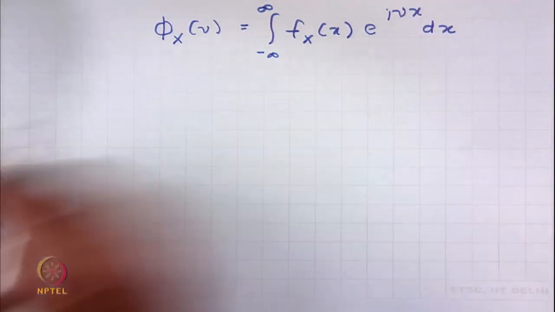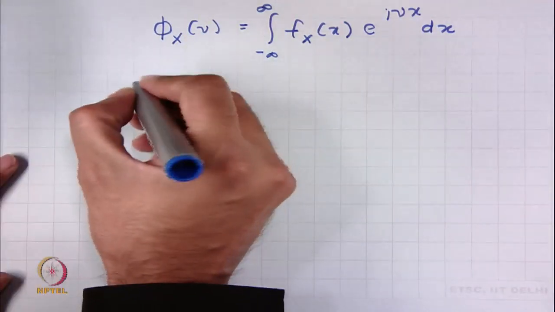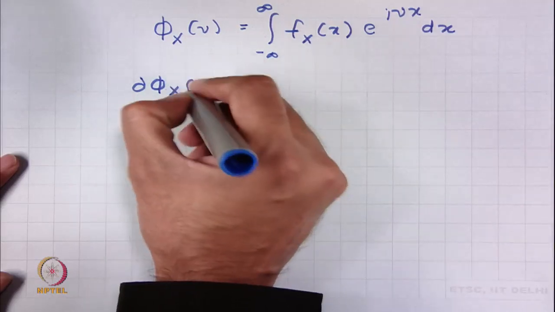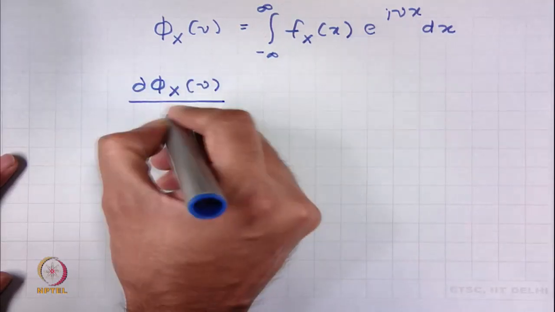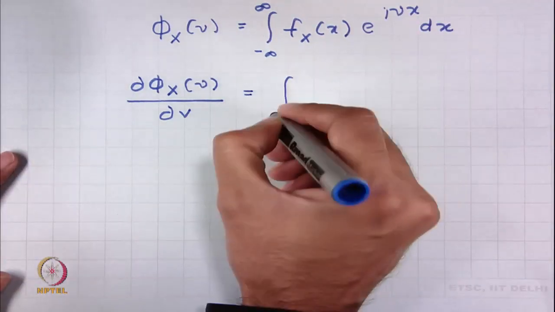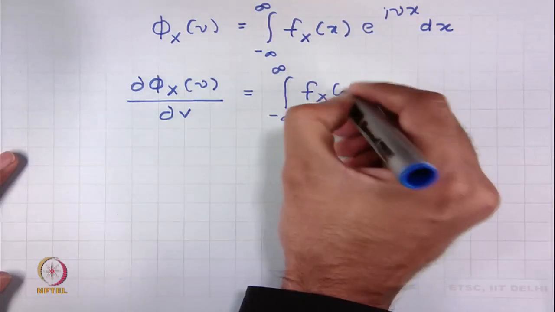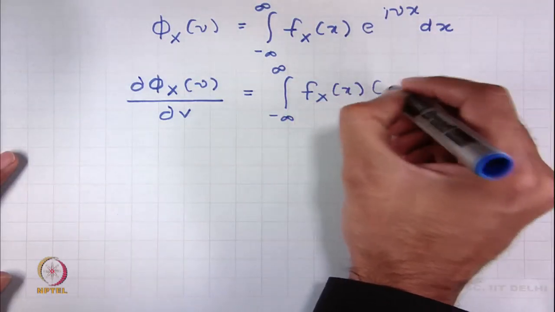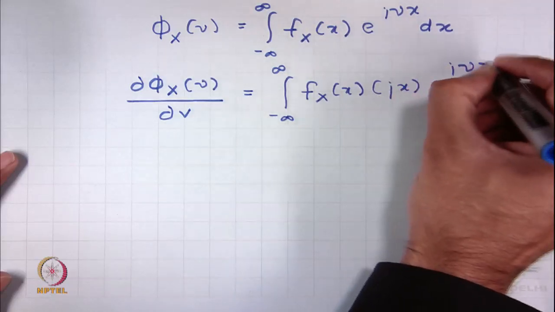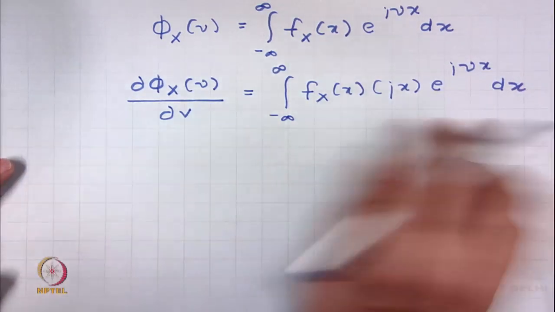Let me differentiate everything with respect to nu. I will get this, right? It is a simple differentiation.